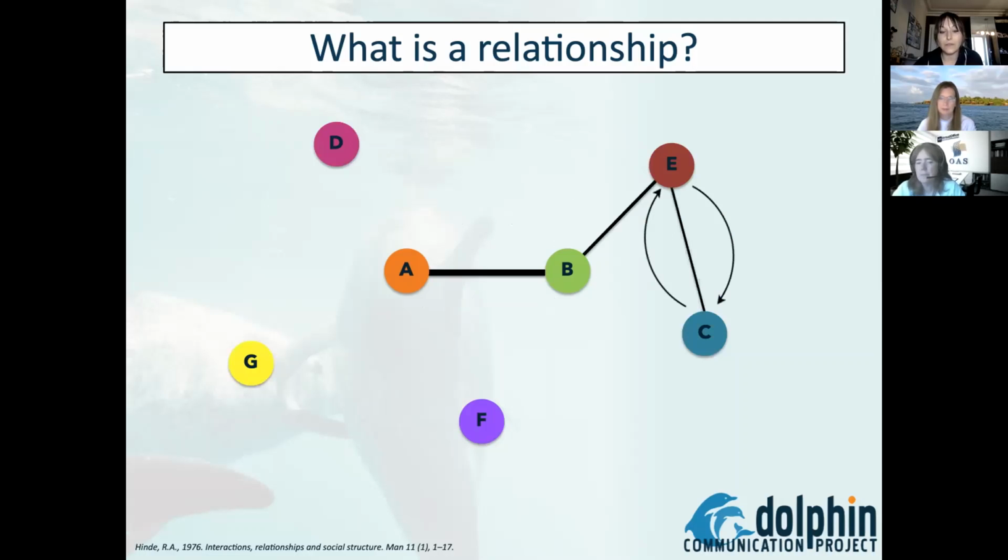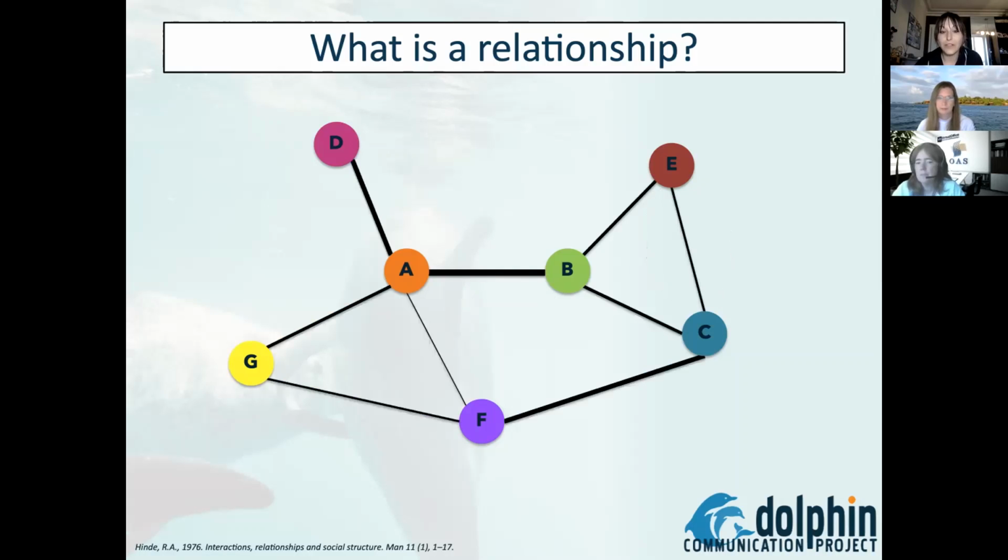And so at some point, all the individuals in the group will be connected to each other via those relationships. And if you look more closely here, you will have A and B sharing a strong relationship, and A and F here sharing a weaker relationship. And so all the individuals will share different kinds of relationships.